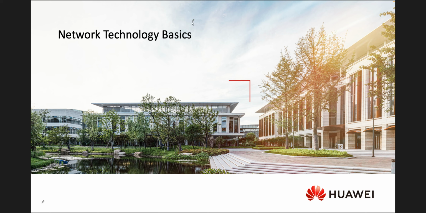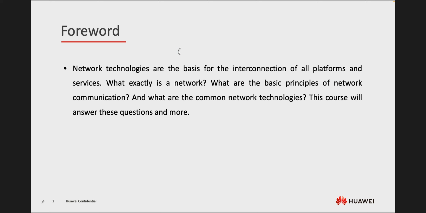Right. So with regards to network technology basics, we are going to look at how the network really works in cloud computing, and what the basics of networking are. We'll also look at switching and routing and certain things that you would configure in a data center for your network to work.